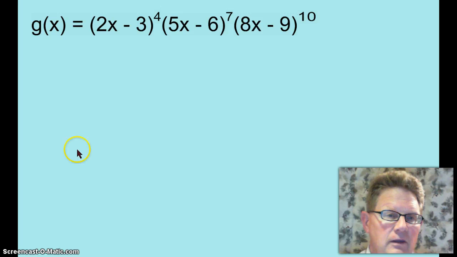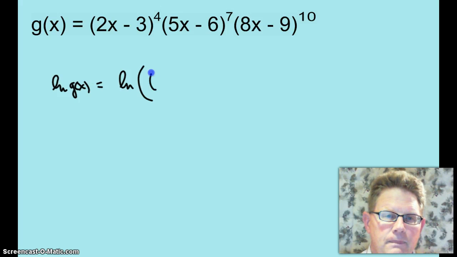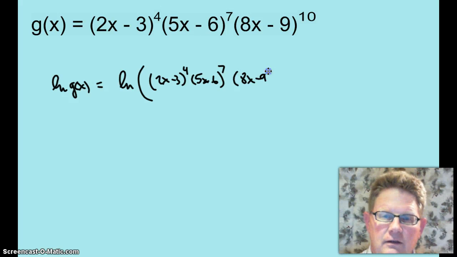We're going to take the ln of g of x. That's going to equal the ln of 2x minus 3 to the fourth power times 5x minus 6 to the seventh power times 8x minus 9 to the 10th power.